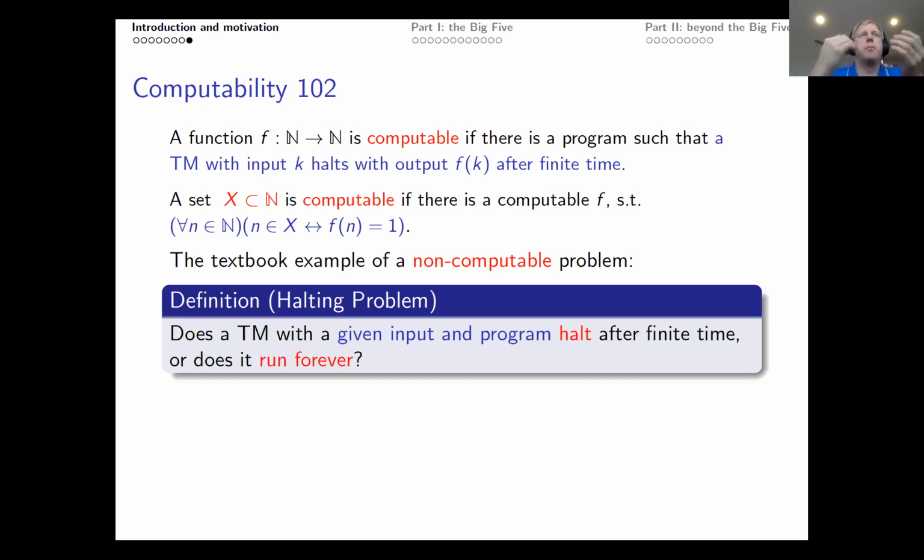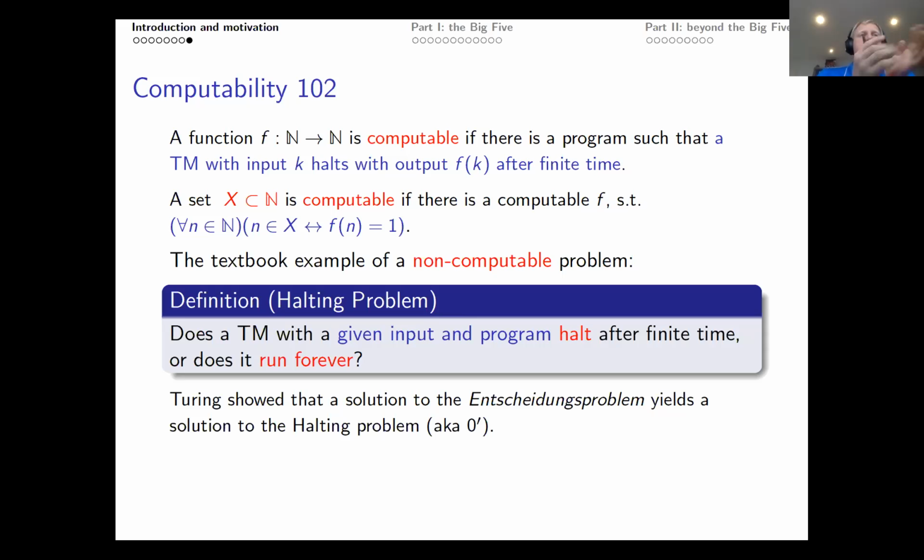The halting problem says, given a Turing machine with a certain program and a certain input, does it halt after finite time, or does it run forever? It could be stuck in a loop, like normal computers. And so this is a non-computable problem. There is no computable way of solving this.